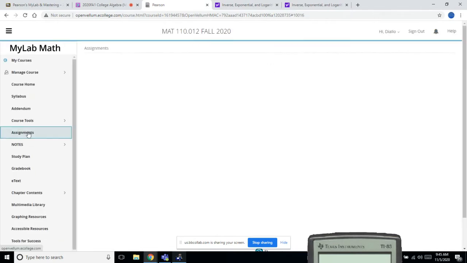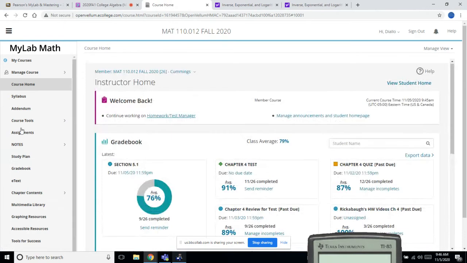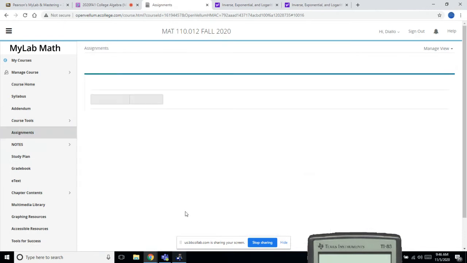In these specific homework problems, we'll be looking at graphs, and based on the graphs, we will apply a horizontal line test to see, in fact, if the functions are one-to-one. All right, so I'm going to go into section 5.1.